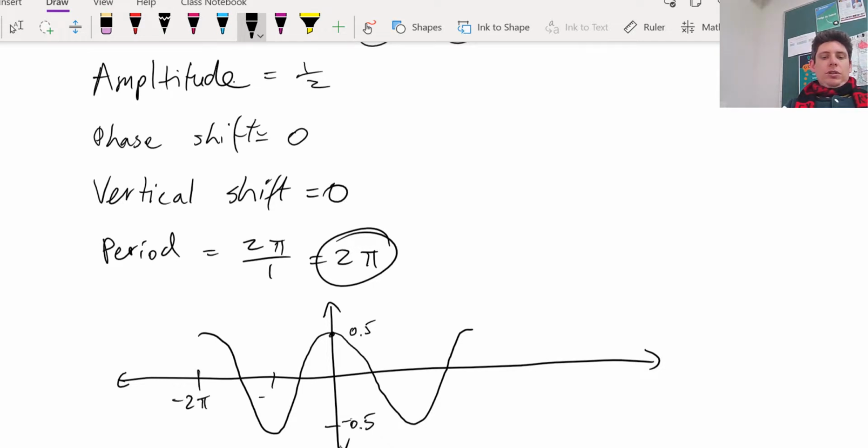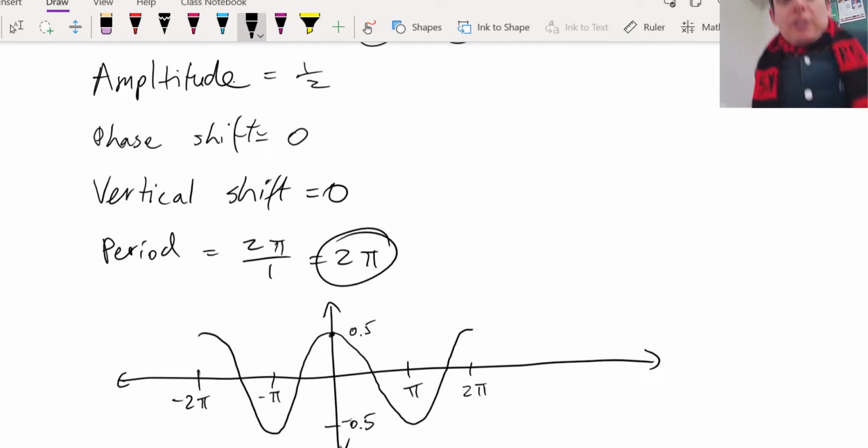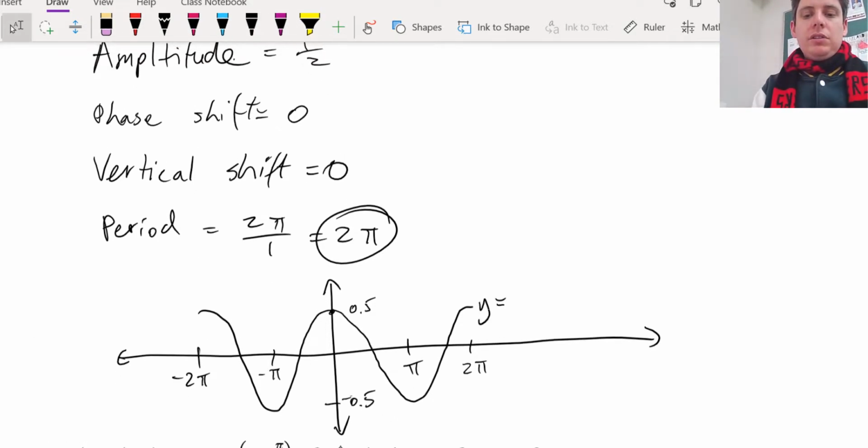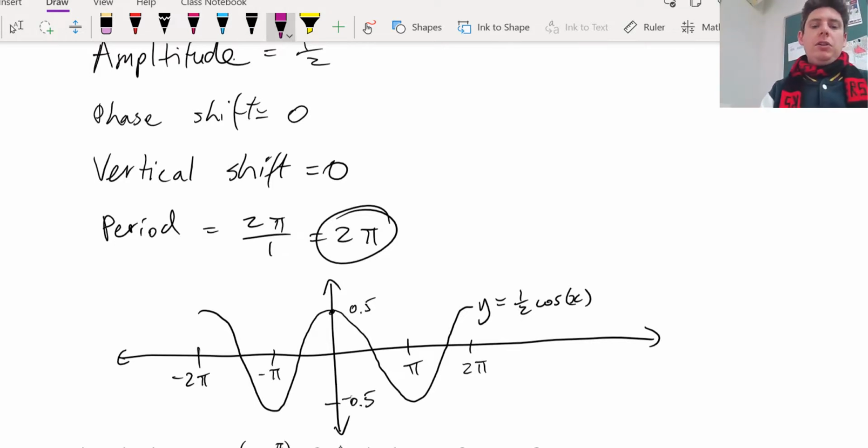So we want to label the axes accordingly. Any questions so far? So that is y equals half cos x. Okay, now we're going to graph the reciprocal.